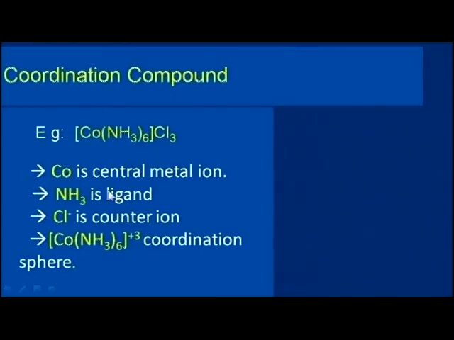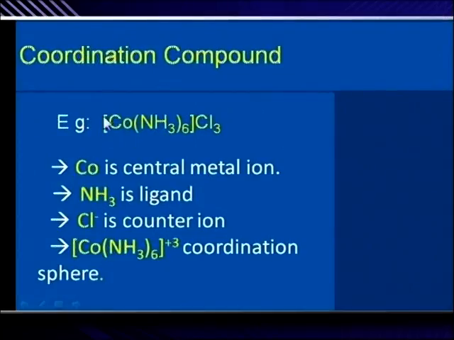Therefore NH3 is the ligand here, and the ions outside the complex are called counter ions, friends. The number prefixed to the ligand, or the number bonded to the central metal atom, is called the coordination number of that complex.